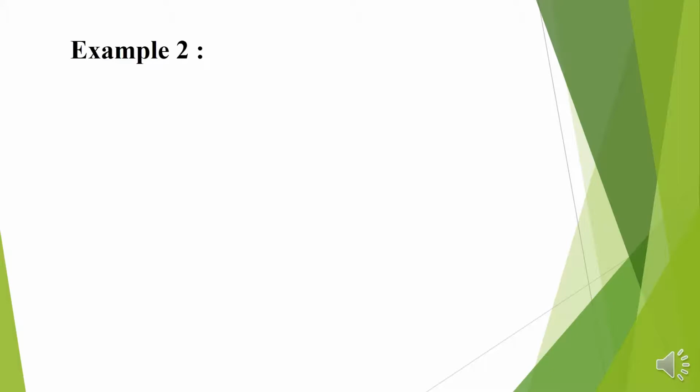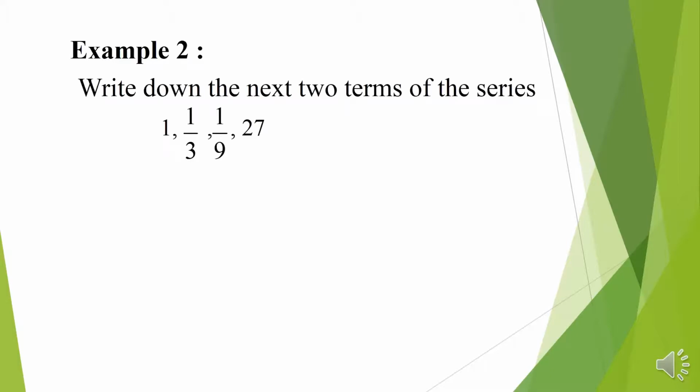So let's see example 2. Write down the next two terms of the series 1, 1 over 3, 1 over 9, and 1 over 27. We move on to the solution. The question mentions the next two terms. So the next two terms here mean term number 5 and term number 6, after term number 4 of 1 over 27.